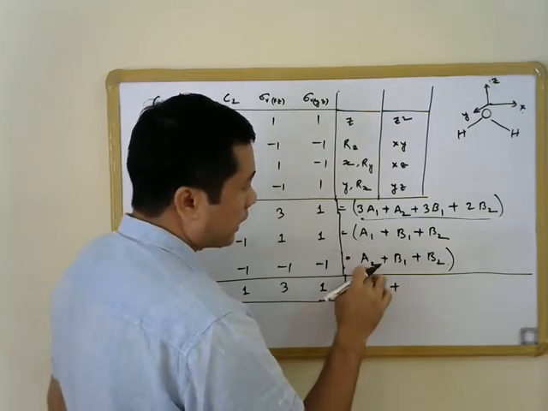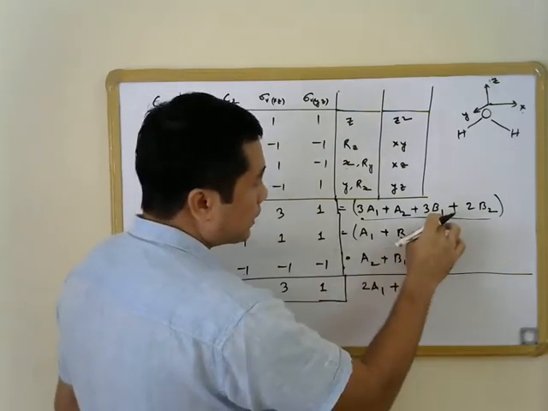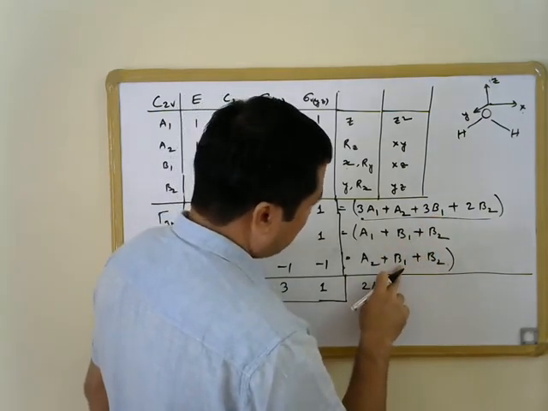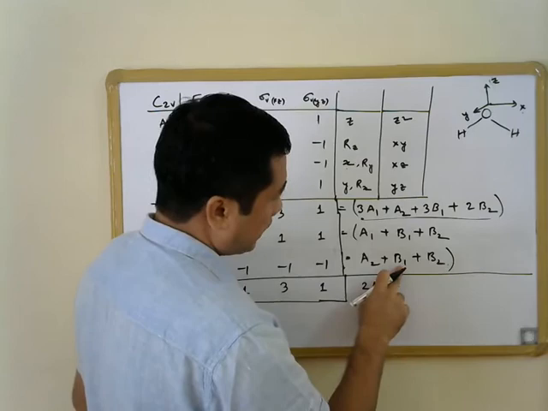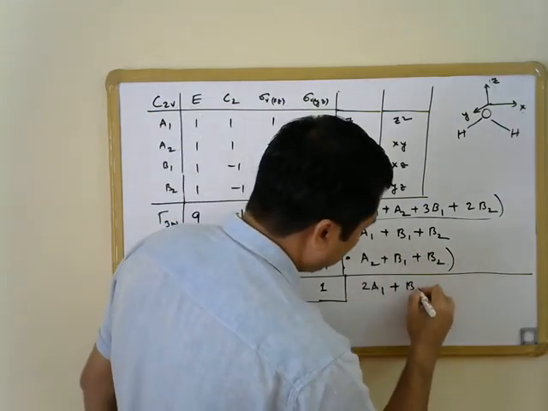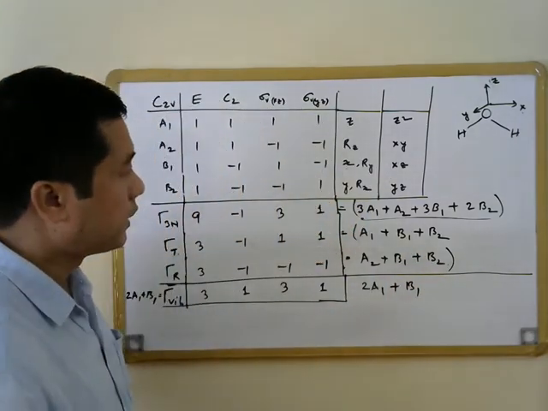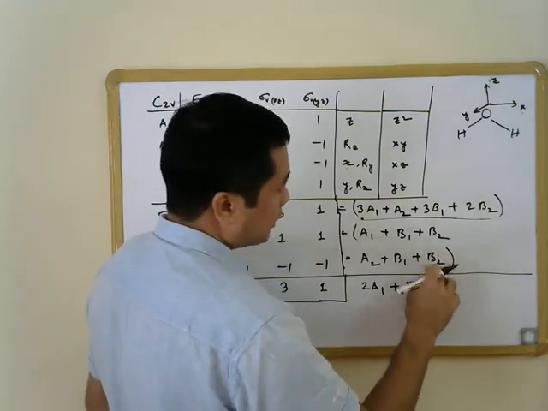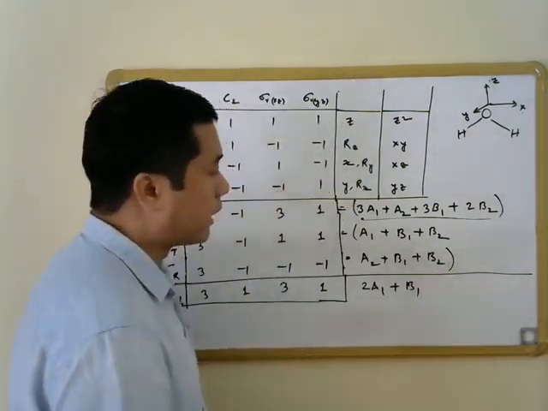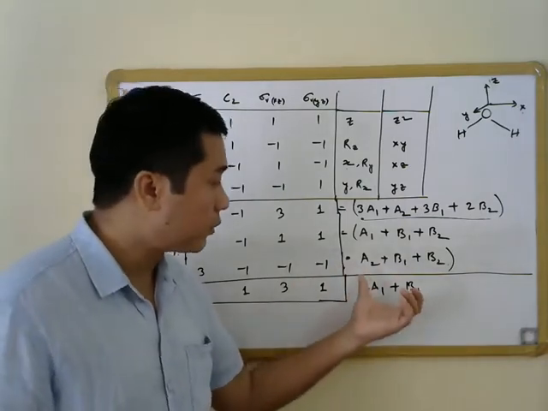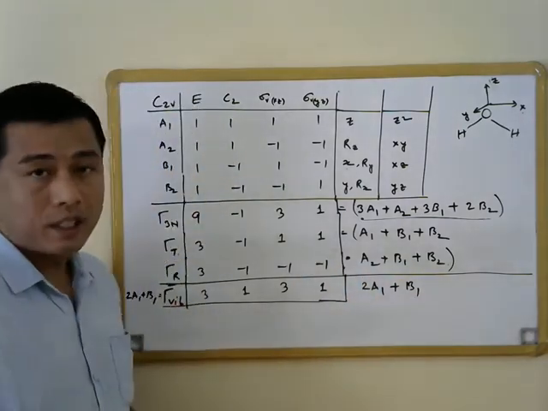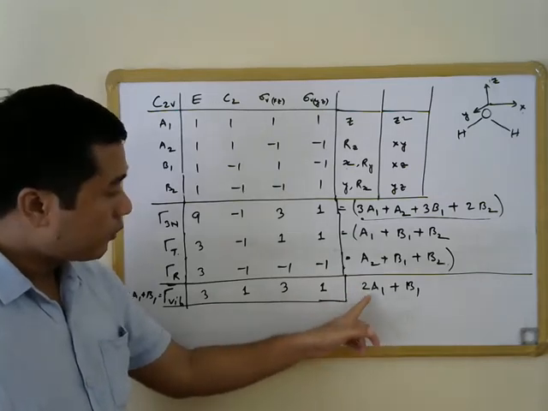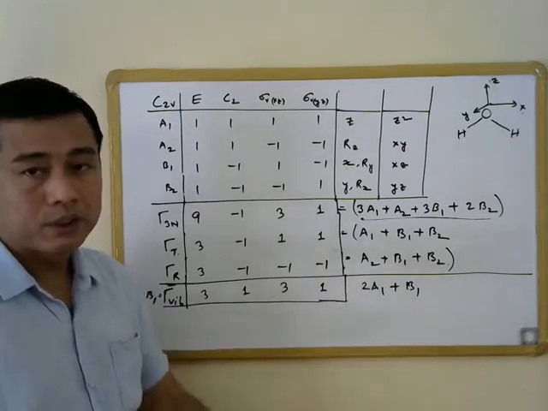So a2 will get cancelled out completely. 3b1 minus b1 minus another b1, so we are going to be left with 1b1. 2b2 minus b2 minus b2, so b2 again will get completely cancelled out, and b2 will not appear in gamma vibrational. So what we have seen is that again we get the answer equal to 2a1 plus b1.